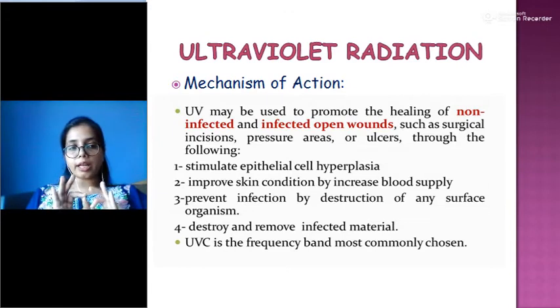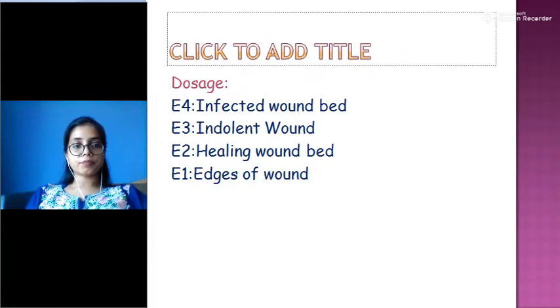This is the only modality which can prevent and remove infection. There are again 4 doses: E4 directly over the infected wound bed, E3 over the indolent wound, and E2 over the healing wound bed and even over the edges of the wound.